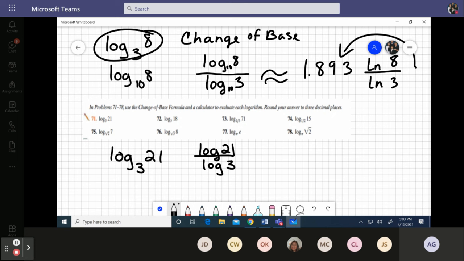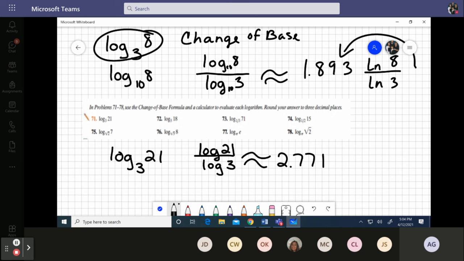Let's see. All right, so I'm cheating. Textbook says 2.771. Did you get that on that calculator?